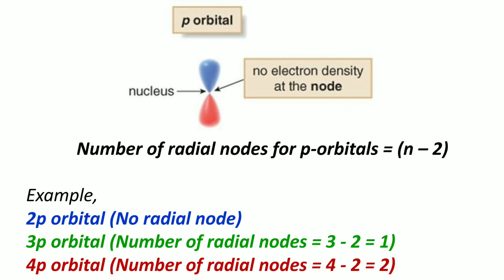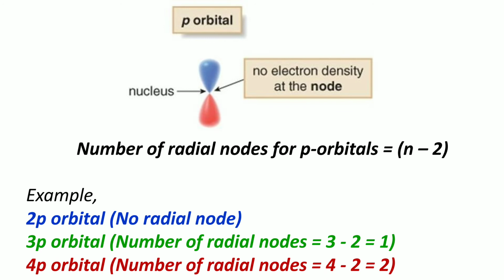This is the formula for the number of radial nodes for the p orbital, that is n minus 2. For example, for the 2p orbital, n is the principal quantum number, so 2 minus 2 is 0, so there is no radial node in the case of the 2p orbital. But in the case of the 3p orbital there is one radial node, because applying the formula n minus 2, 3 minus 2 gives 1. And there are two radial nodes in the case of the 4p orbital.